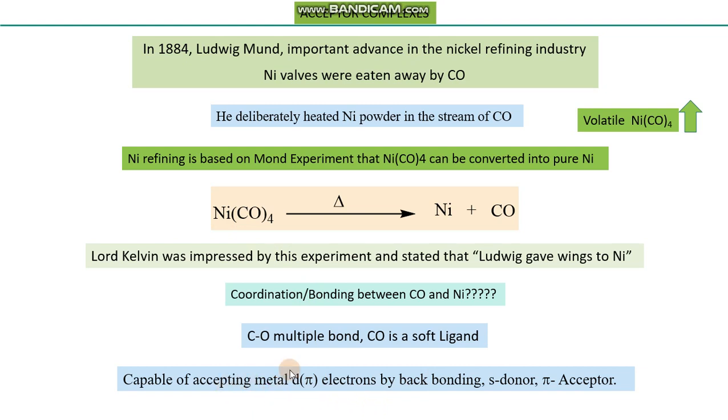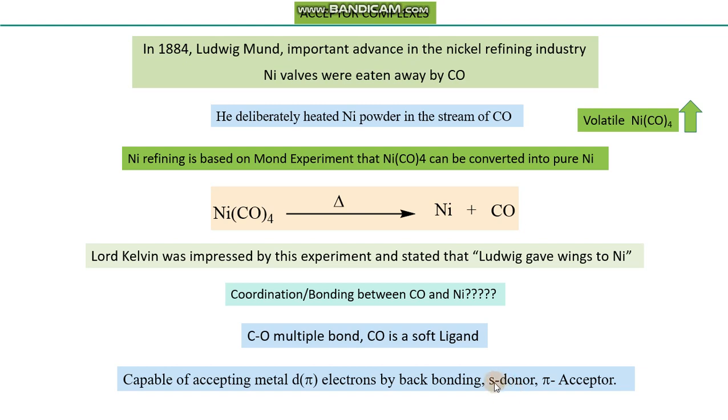But in this case, just keep in mind that dπ and pπ are the two terms, or concepts, we will use in the bonding between nickel and carbon monoxide. So nickel is capable of accepting electrons from the ligand in a d orbital, and it donates electrons back to the ligand again from a d orbital. We will also come to what type of hybridization would be there.